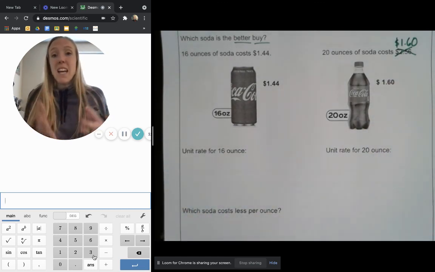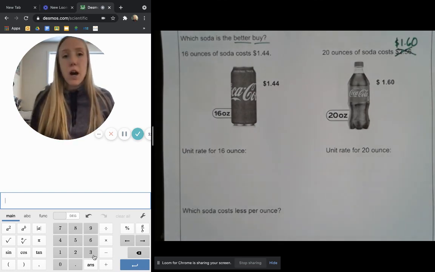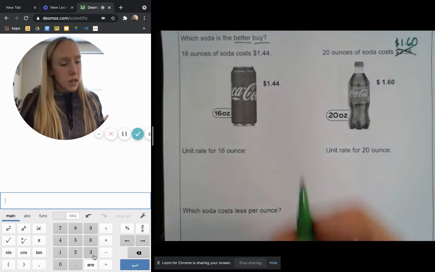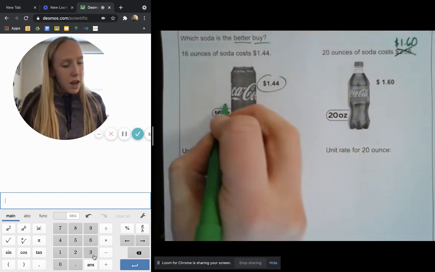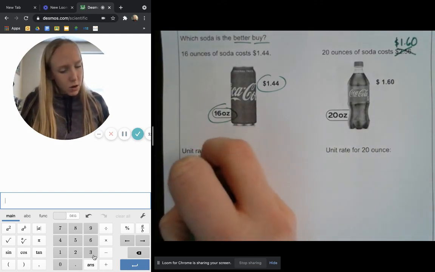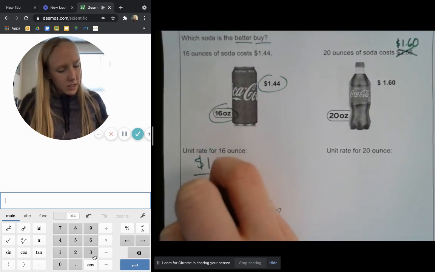Okay, and I'm going to set up the fractions because I don't want to confuse myself. So I know I want the cost per ounce, which means the cost has to go on top and the number of ounces has to go on bottom. So cost $1.44 for this one, per ounce, 16 ounces.